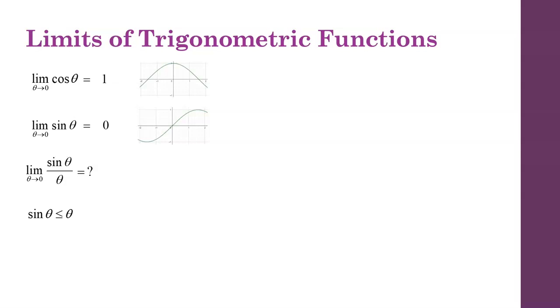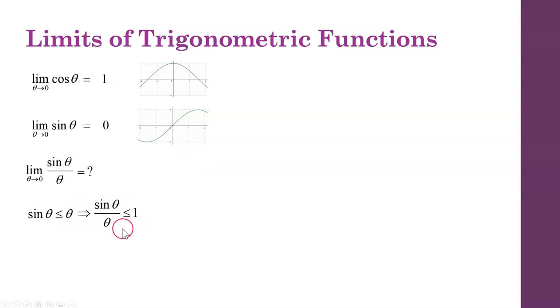And that allows me to establish this inequality, that sine of theta divided by theta is less than or equal to 1. Right, so if sine of theta is less than or equal to theta, if I divide them, the result will be less than or equal to 1.